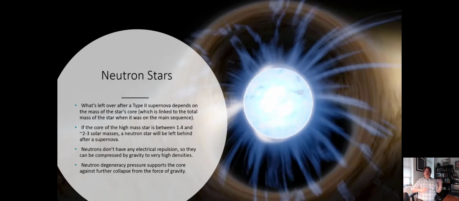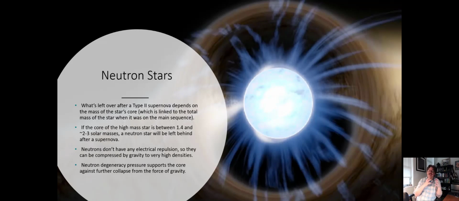So earlier I was sort of hedging about the neutron degeneracy pressure, because after a supernova you can have two different corpses, as it were. The first one is a neutron star, and that occurs when neutron degeneracy holds. The mass is insufficient to break that neutron degeneracy.